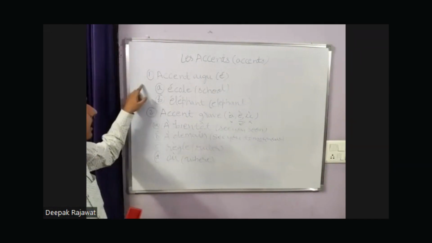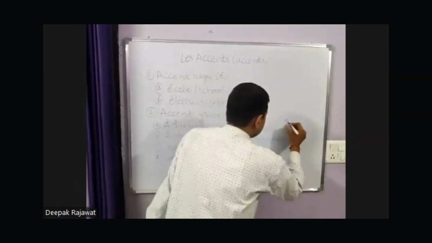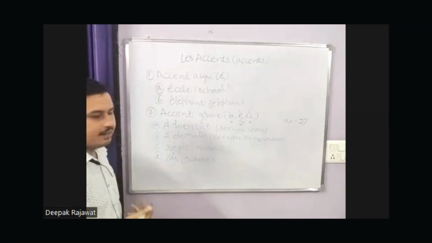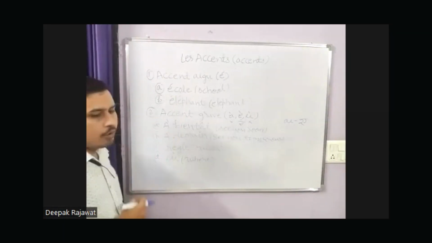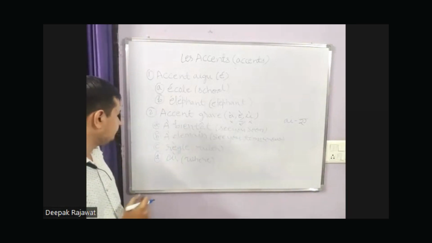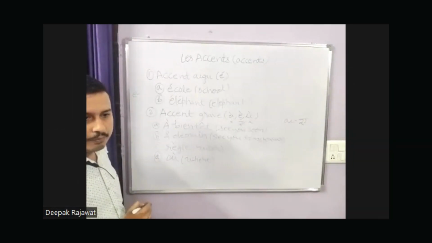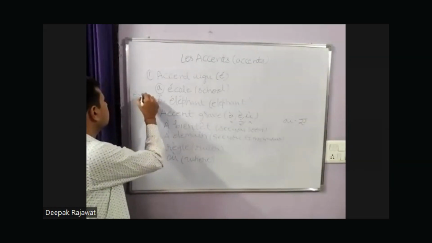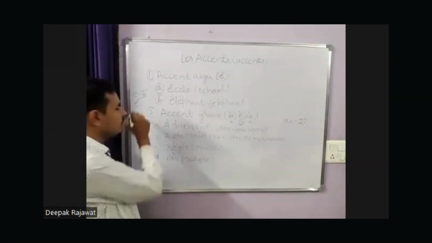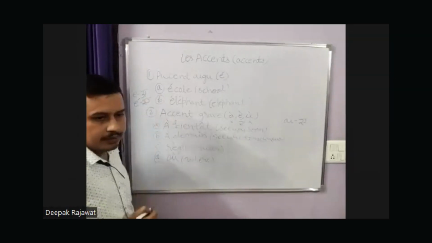So first one we have accent aigu. É we also pronounce as ay. So first accent we have accent aigu. This we put on letter E. So letter E, we have done in the alphabet. So E is eh. But when we put this accent, it becomes é.